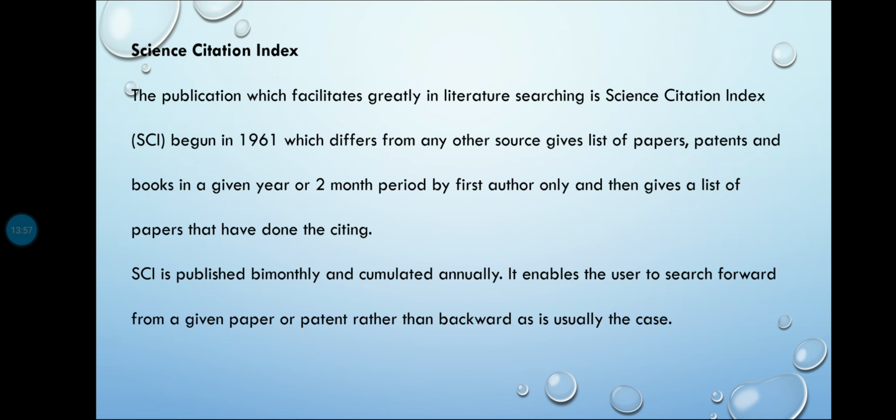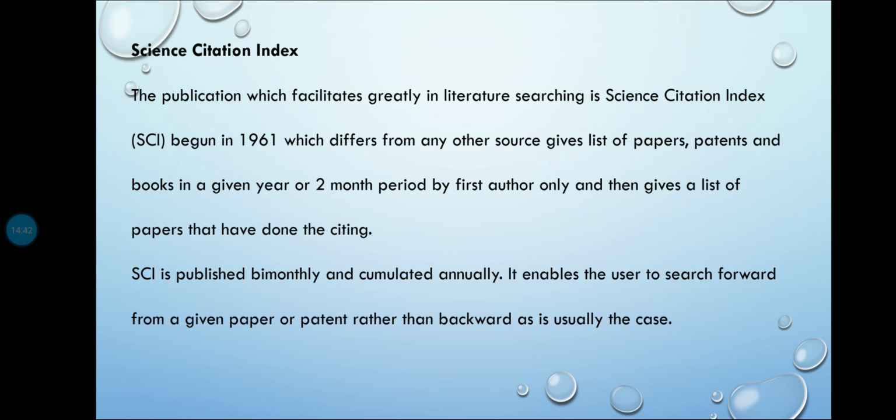Science Citation Index. The publication which facilitates greatly in literature searching is Science Citation Index, which began in 1961. It differs from any other source: it gives a list of papers, patents, and books in a given year or 2-month period by first author only, and then gives a list of papers that have done the citing.